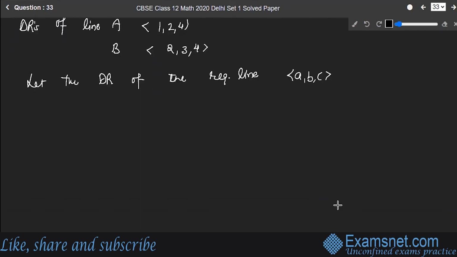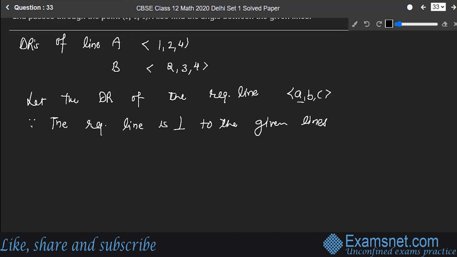Now, because the required line is perpendicular to the given lines, therefore, see, this is the direction ratios and this is the direction ratios.